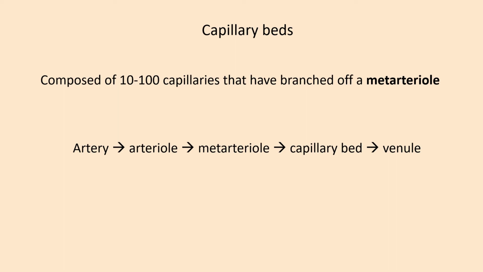It can be as small as 10 capillaries or as large as 100 capillaries, roughly, that have all branched off that central metarteriole. And there's the pathway of blood diagrammed from an artery to an arteriole through a metarteriole. From that metarteriole, blood flows through individual capillaries and ultimately into a venule.